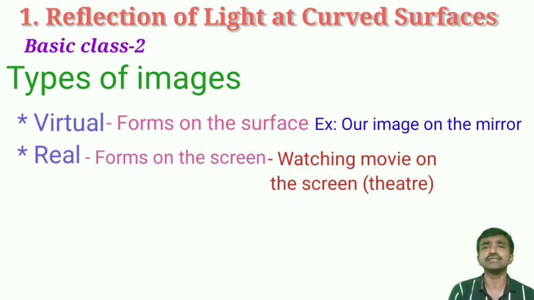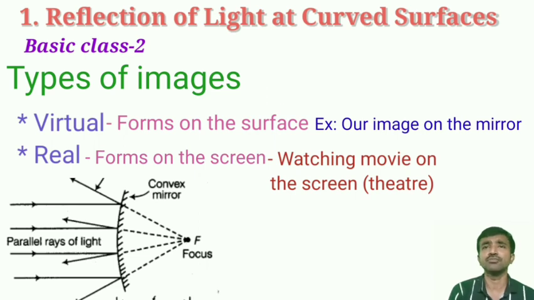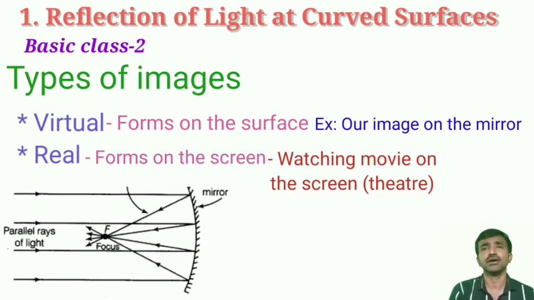The reason is simply that light rays are converged after the reflection in front of the mirror. The reason behind the formation of a virtual image is that the light rays cannot meet at a point after the reflection. They can meet behind the mirror if you extend them. So that backward converging point is observed in virtual images.